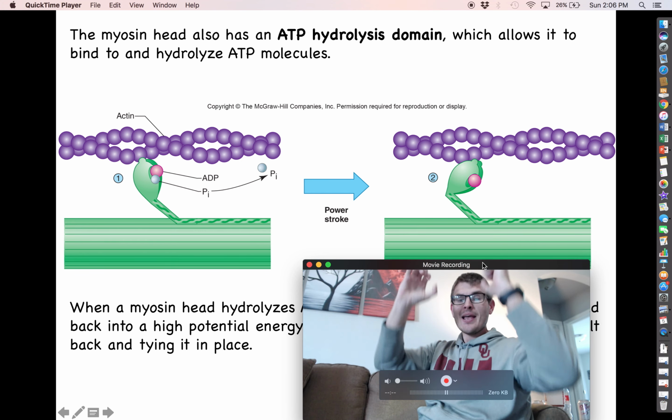So the thing to take note of here is that it's the ATP hydrolysis that cocks that myosin head back into this configuration that allows it to move forward with a lot of energy in order to get the power stroke to happen. So the myosin head, when it binds to and uses ATP, cocks itself back, and then all that has to happen after that is it has to grab onto actin, and everything else with the power stroke should happen kind of naturally.